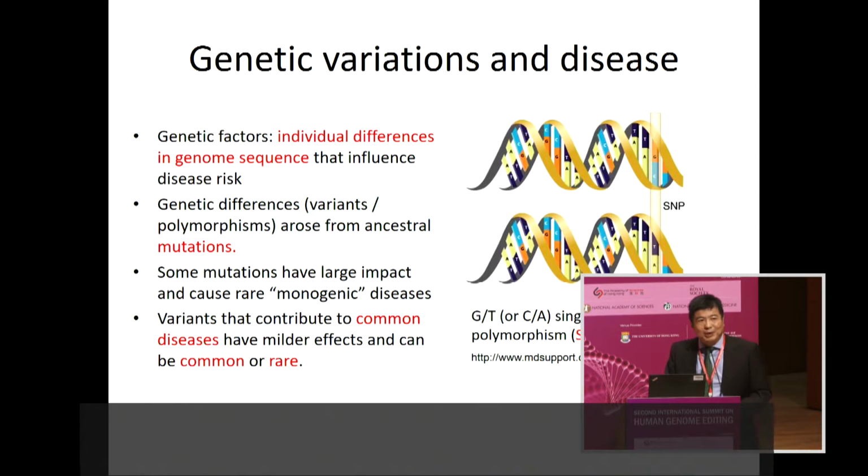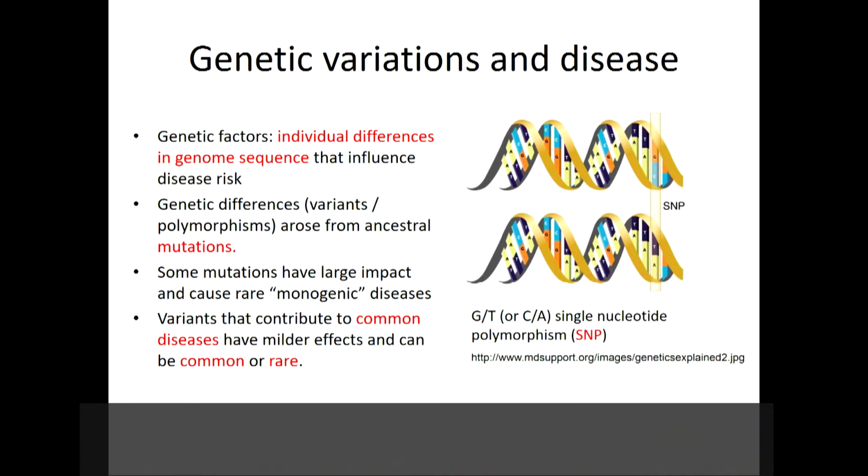What we mean by genetic factors are genetic variations in the genome, and the most common form of genetic variation is a single nucleotide change, SNV, or, when they are common, SNP, polymorphisms.